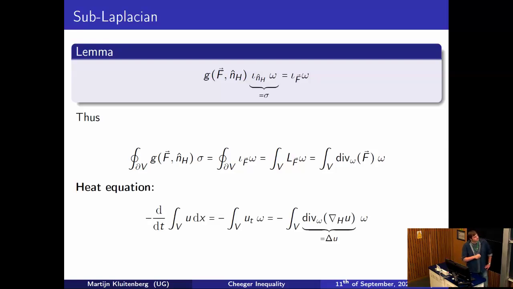So the conclusion is that heat flow outwards, by pulling this partial derivative inwards, has to be equal to this integral, which has to be equal to the one here. So what we should study is u_t equals divergence of gradient of u, but now the divergence of the horizontal gradient. It's the same usual derivation of the heat equation, but this is the operator that we should study, divergence of gradient.